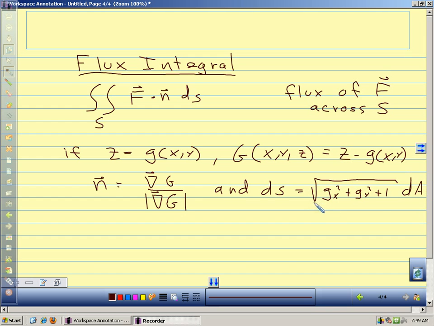But this quantity, this radical, g sub x squared plus g sub y squared plus 1, equals the magnitude of del G.